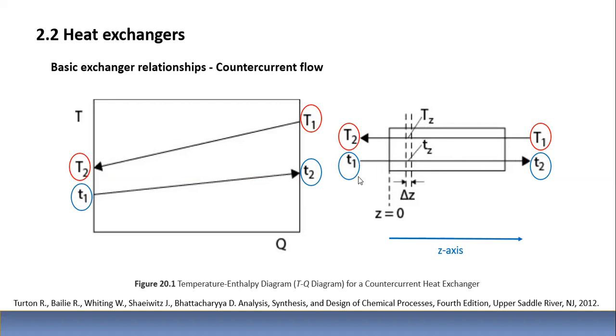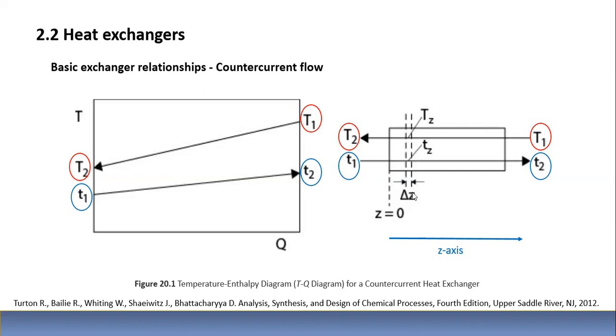We can see that t1 is gaining temperature, but is coming on one side and leaving on the other, while the hot stream is coming on the opposite side and leaving on the side where t1, the cold stream, is coming in.